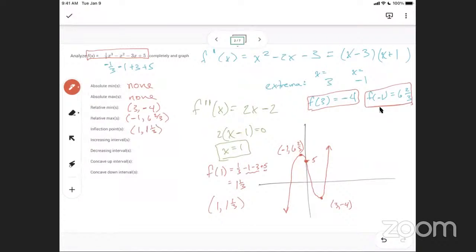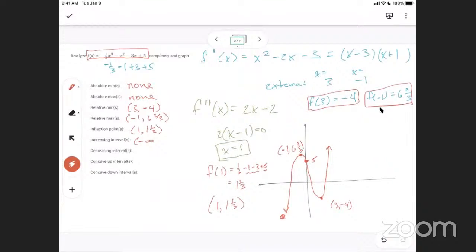So you can see your inflection point right here. That's where it changes from concave down to concave up. That's what the inflection point is. So the increasing intervals would be from -infinity, because it's increasing on the graph there to there, and then from here to infinity.